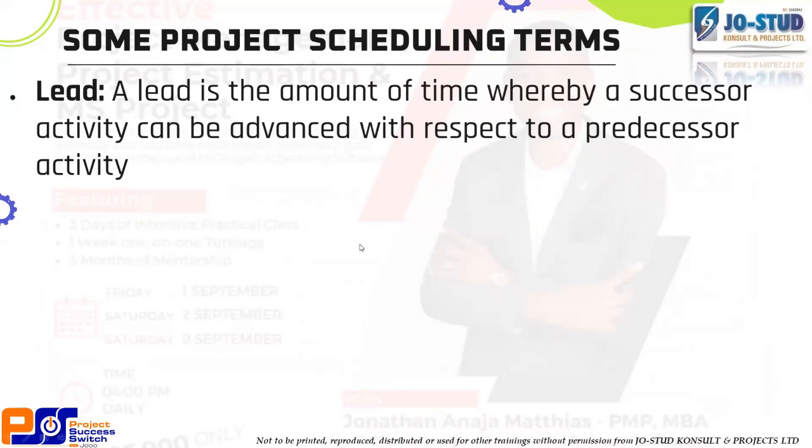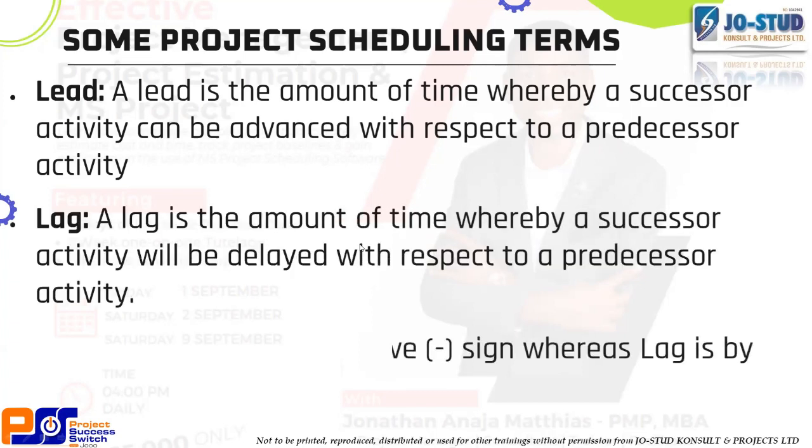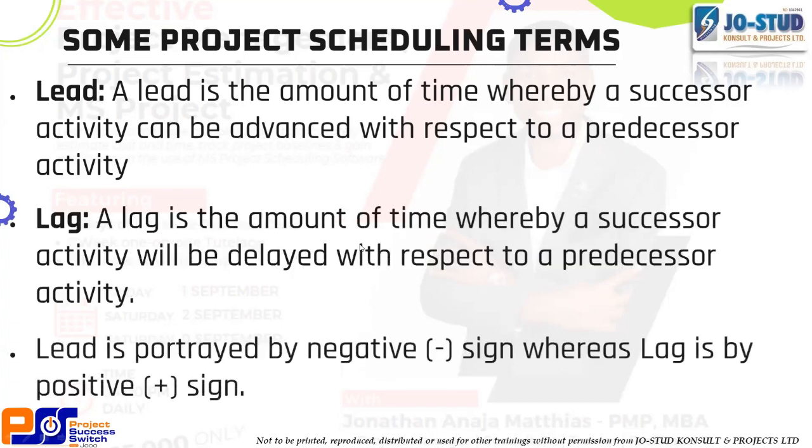An activity that comes first can have several successors, and a successor can have several predecessors, right? A lead is the amount of time a successor activity can be advanced with respect to a predecessor activity. While a lag is the amount of time that a successor activity will be delayed with respect to a predecessor activity.